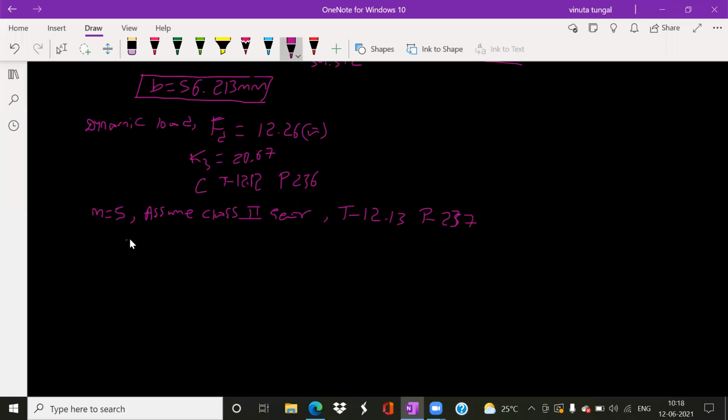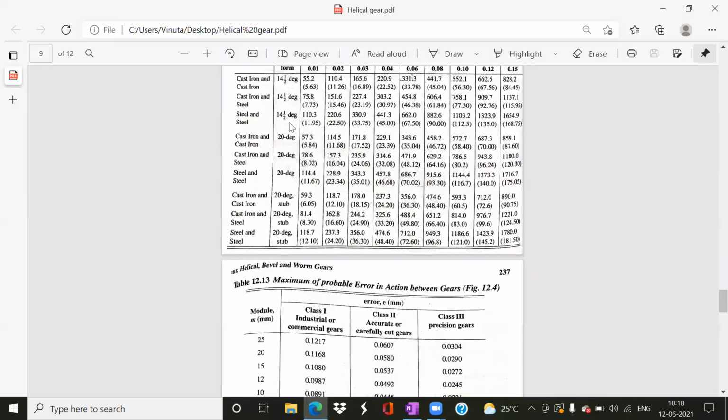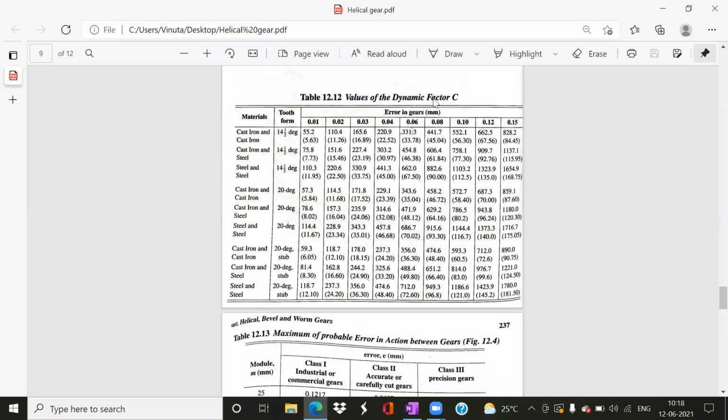Therefore, error E is equal to 0.0277. And when you see table number 12.2 to find the dynamic factor, the error is 0.01, 0.02, the next one is 0.03, but the in-between value is not there. Can anyone tell me how to calculate that?